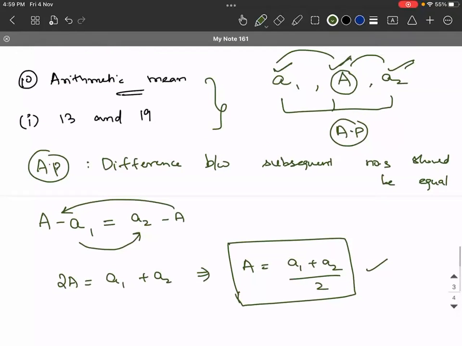So always, if you need to find something with respect to any progression, this year you're learning about arithmetic, and next year you learn about geometric and harmonic progressions, just apply the basic definition of it and you'll get the answer. Here, what did I apply? The basic definition: the difference between subsequent numbers should be equal.